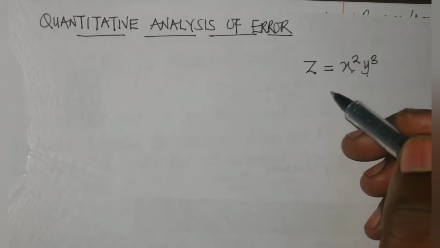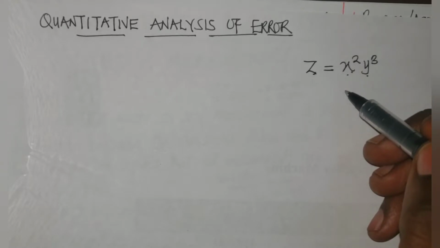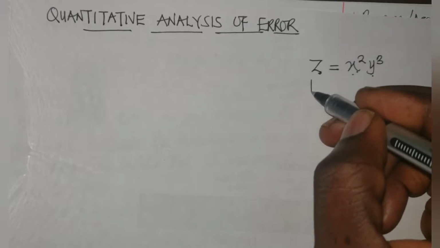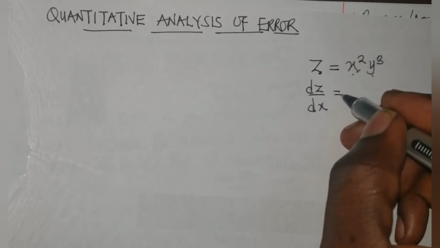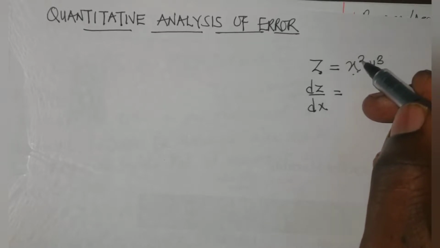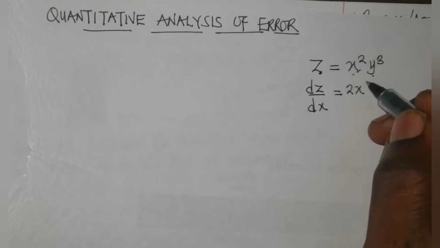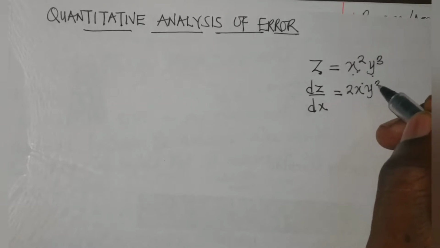I can easily get the value of dz/ds using partial differentiation, and similarly that of dz/dy. If I differentiate z with respect to s, the 2 will come down, then you subtract 1 from the power using the normal general method, and that will give me 2s, and I'm going to write my y cubed back.